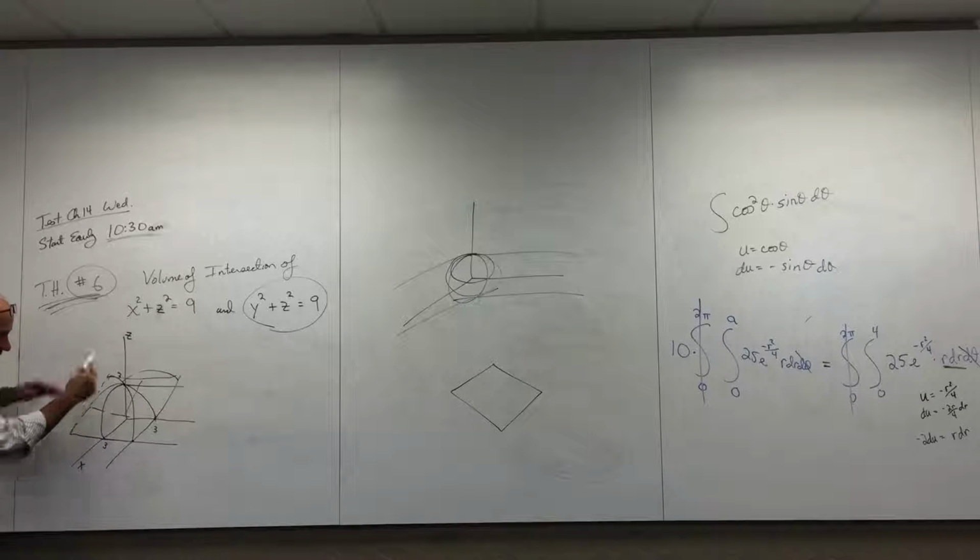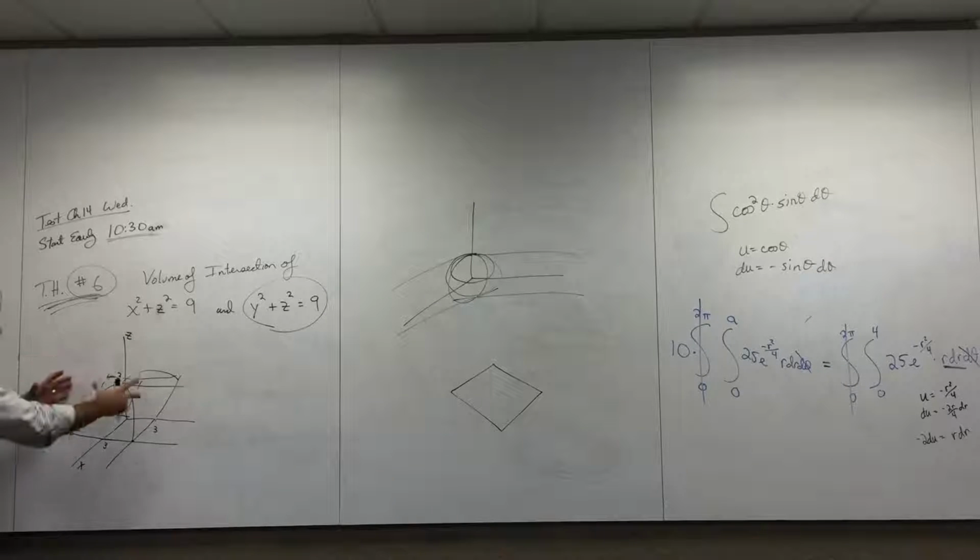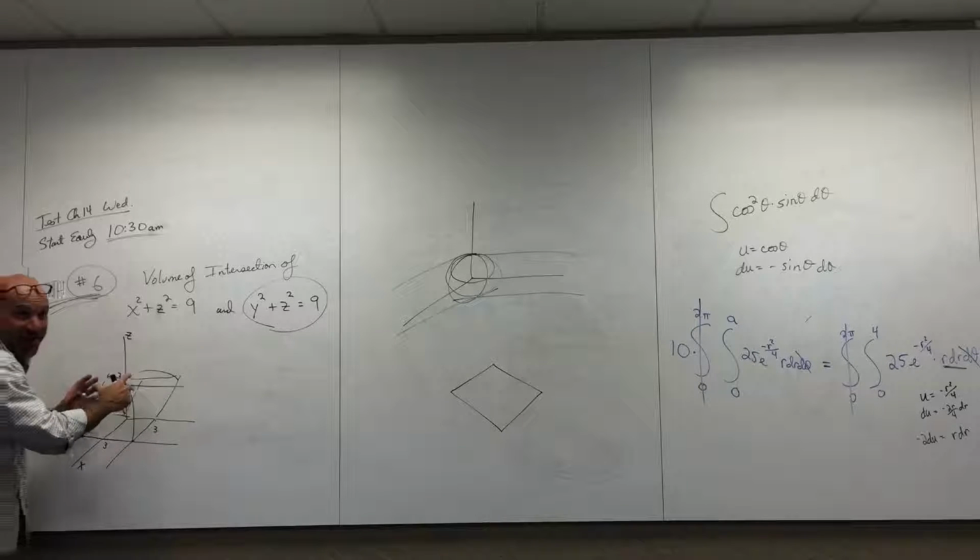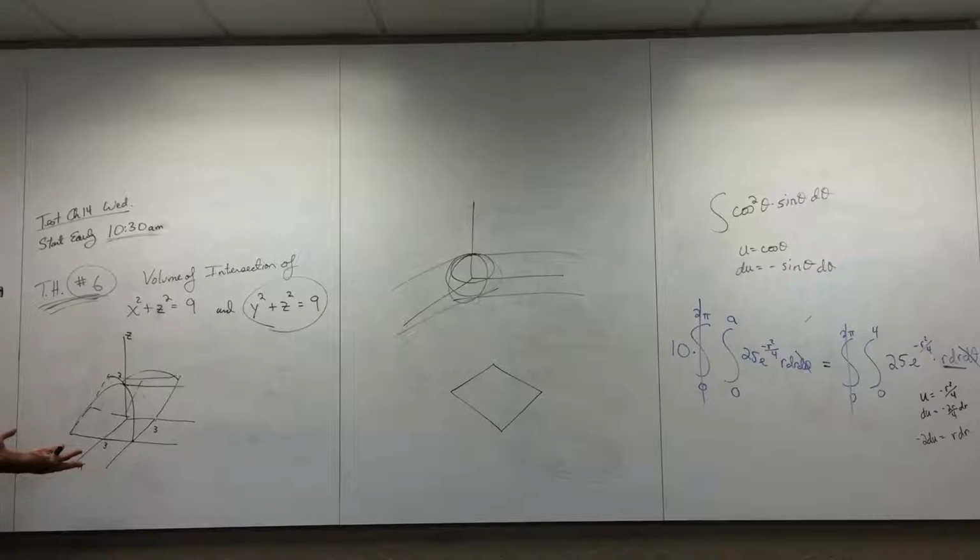That's the top half of it. But again, we're looking at 1/4 of the top half. We're looking at 1/8 of the whole thing when I'm looking in the first octant.